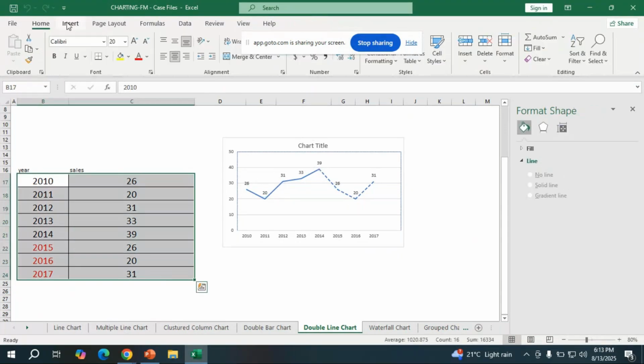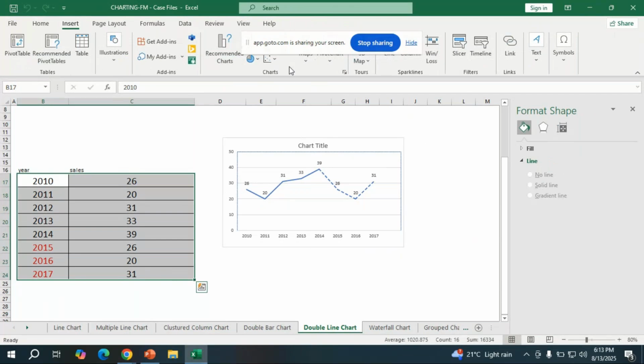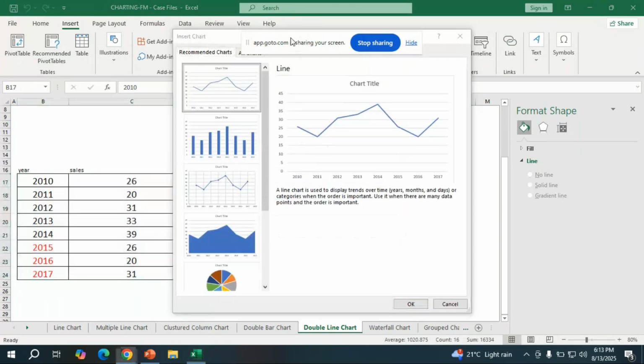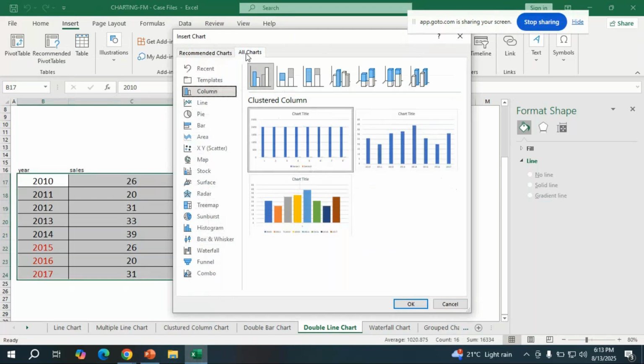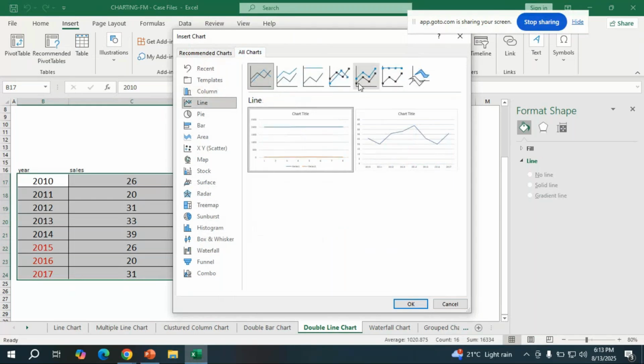If I have to insert a line chart, I'll go to recommended charts, then all charts, then line chart. This you have to take care. One of you was asking, ma'am, I'm not able to get this chart. To get that dotted line, apply the line with markers or stacked line with markers. Either of them you can apply, and you can make use of it to get the chart.